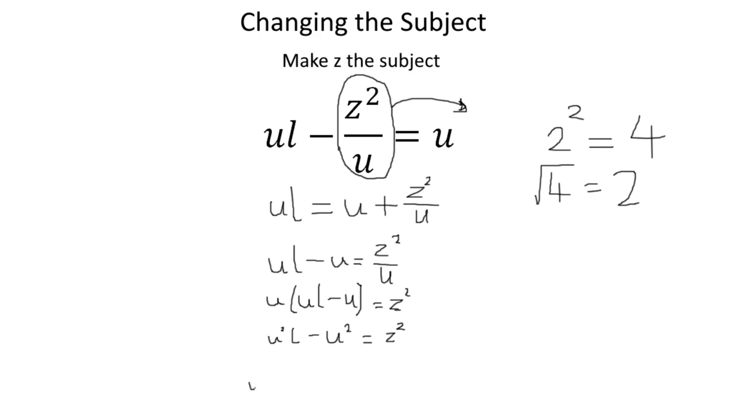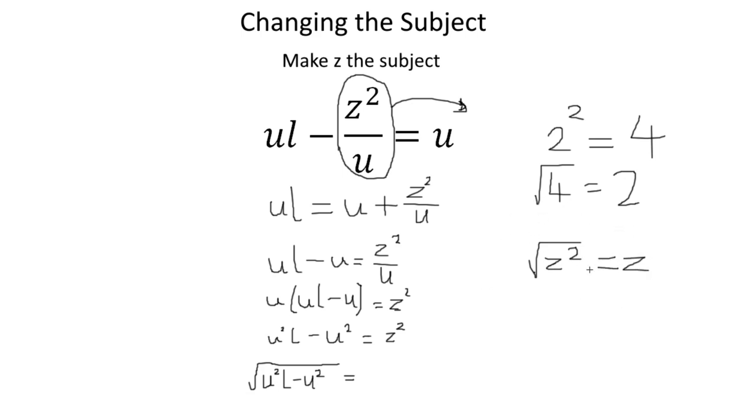So the left side, we just quite simply leave it as u squared L minus u squared. There we go. And then on the right side, z, the square root of z squared is just quite simply z.